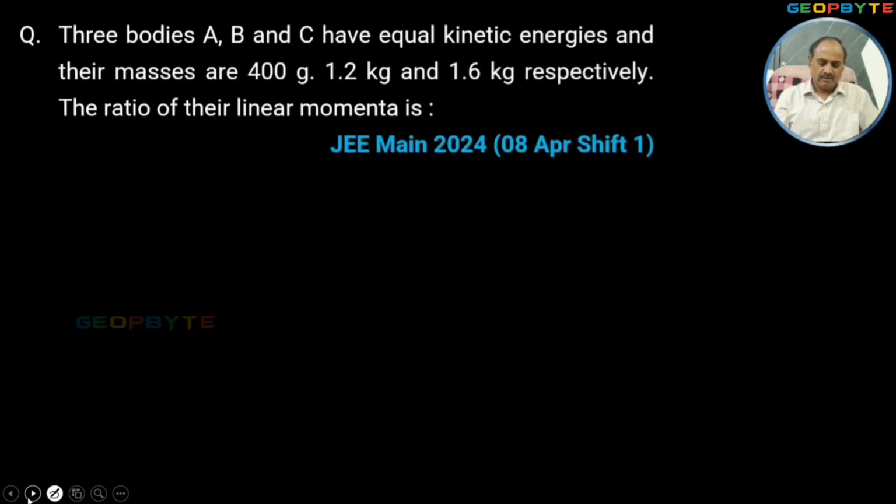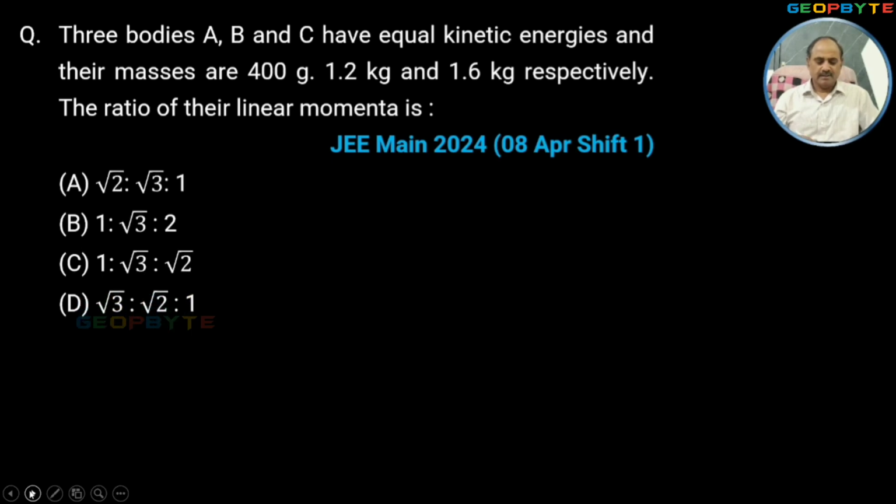Look at the very first question. It is asking like this. Three bodies A, B and C have equal kinetic energies and their masses are 400 grams, 1.2 kg and 1.6 kg respectively.